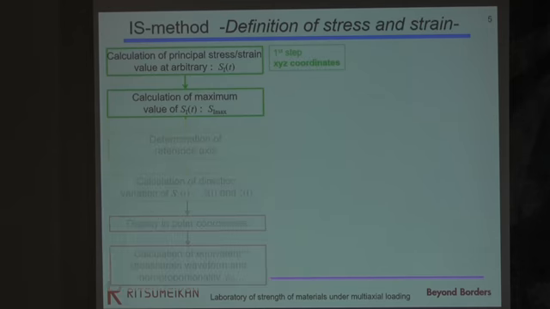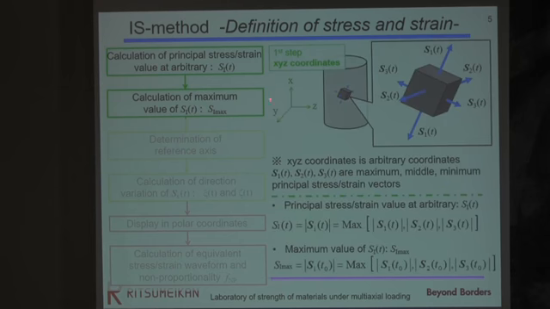So first, we use this XY coordinate. This XY coordinate is an arbitrary coordinate. And S1t, S2t, S3t are the maximum, middle and minimum principal stress and strain vectors.